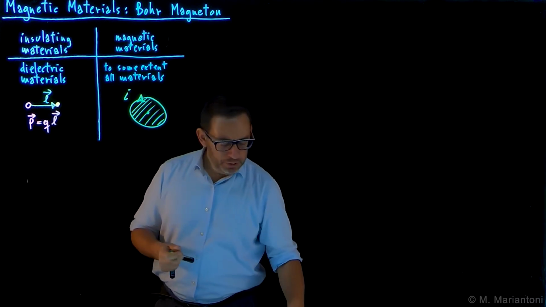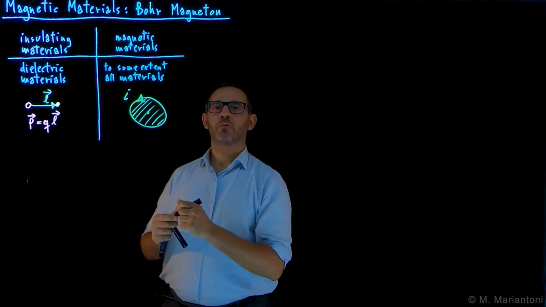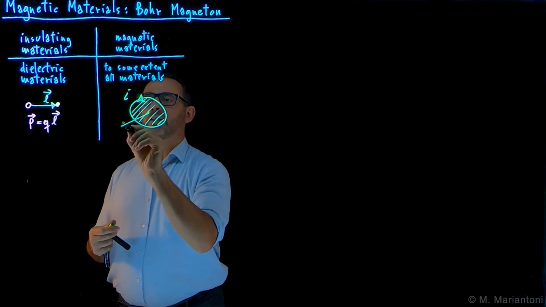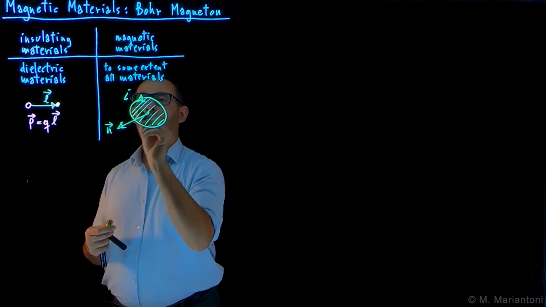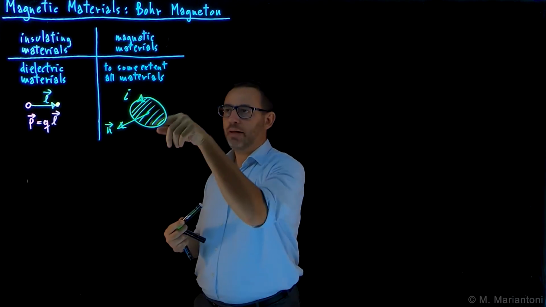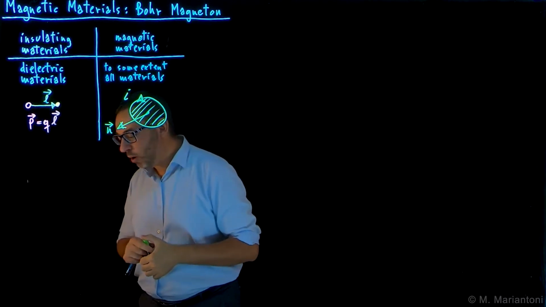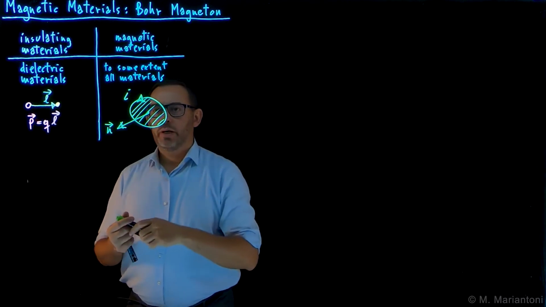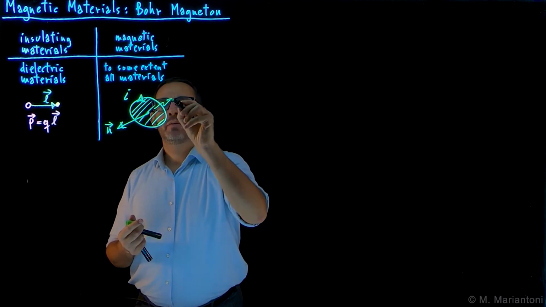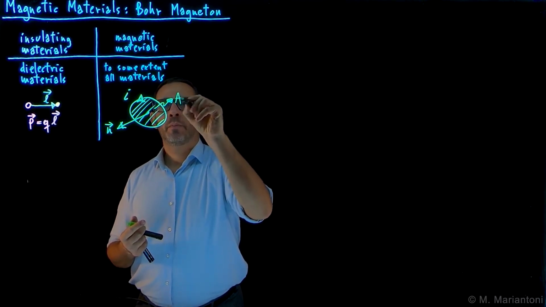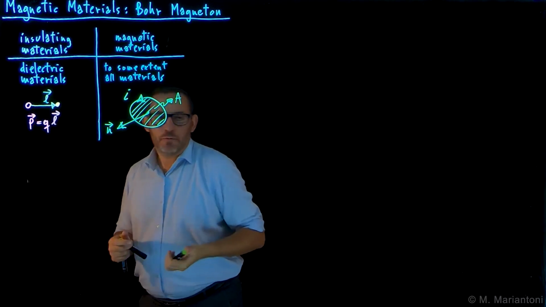And if we define n, by the right-hand rule, as the vector normal to the area, consistent with the direction of I, and this area we call A, then the oriented area, of course, is nA.